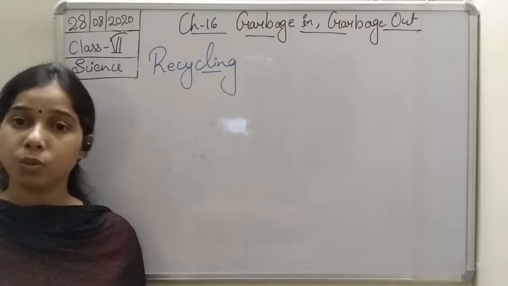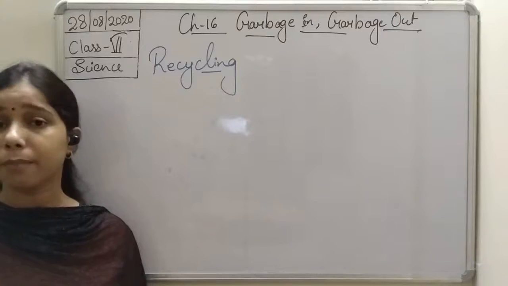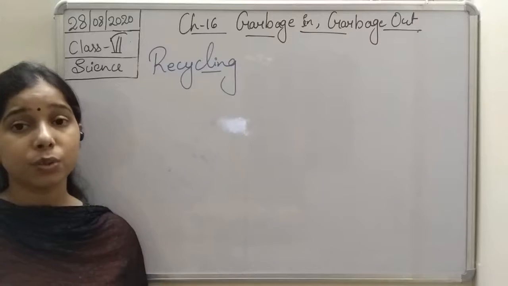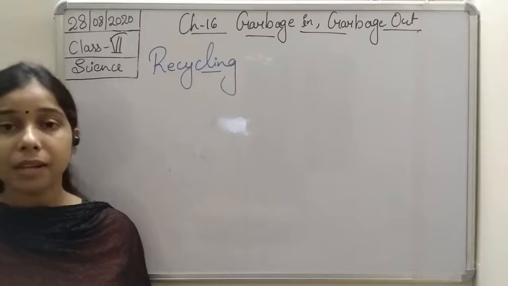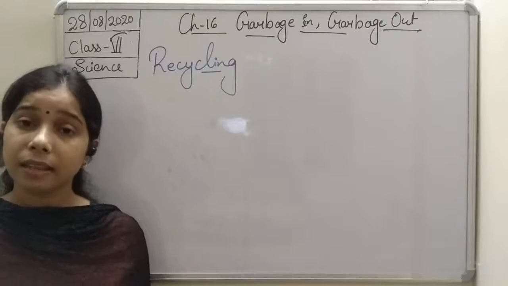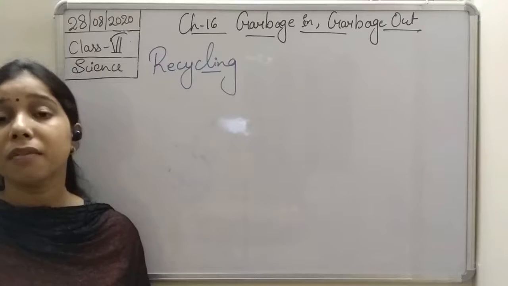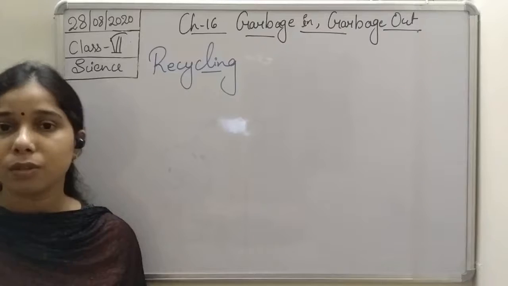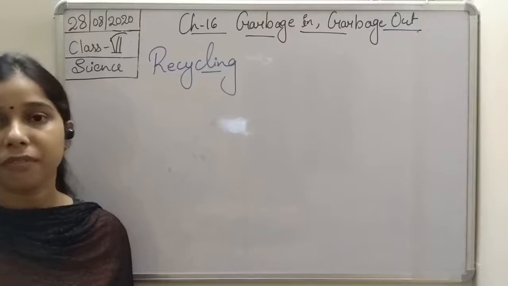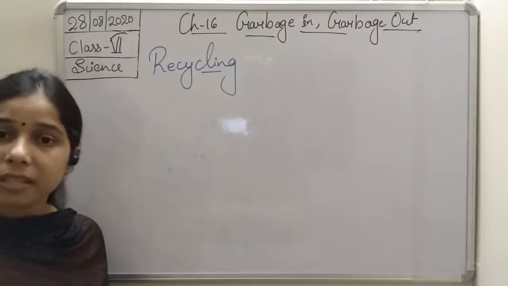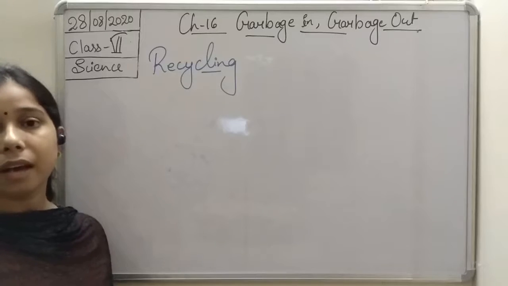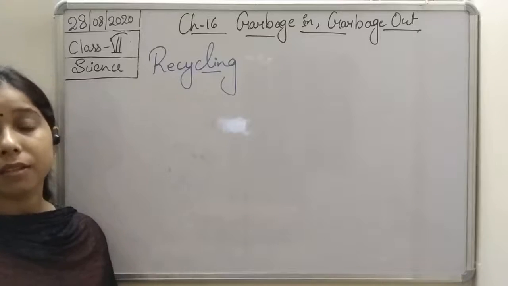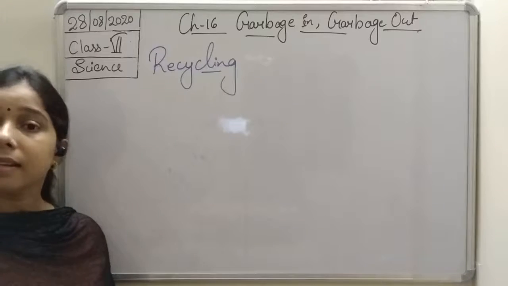Instead of decomposing, because decomposition is not possible, we can recycle them by sending them to their respective industries. There they will be converted into fresh form, meaning paper into fresh paper, plastic into fresh plastic, metal into fresh metal. So recycling is the conversion of old and discarded objects into their fresh, that is new, form.